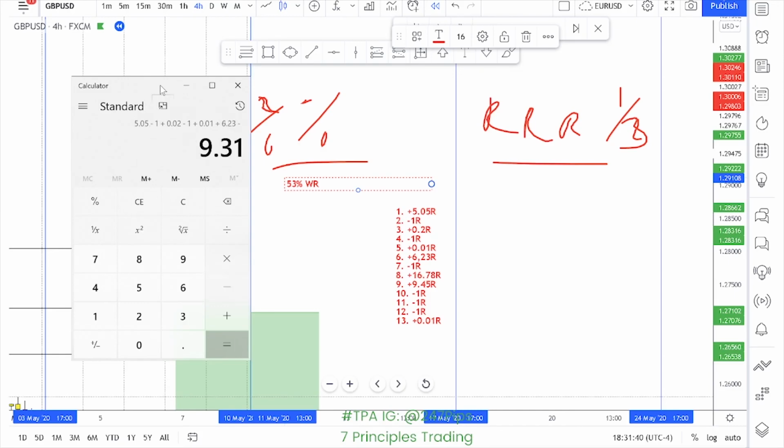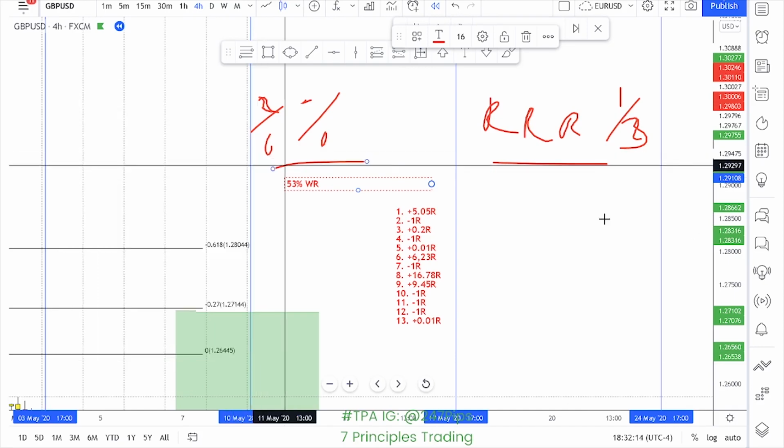We have -1 plus 16.78 plus 9.45, negative 1, negative 1, negative 1, plus 0.01. Okay, so as an end result, we're still going to take home 31.55R. Can I copy this? Copy.